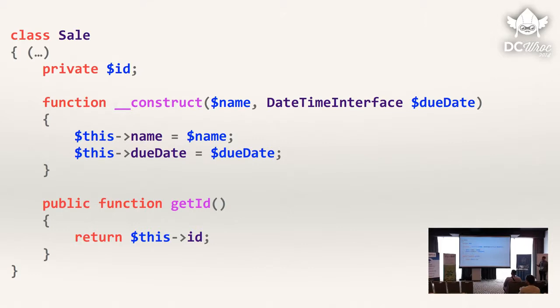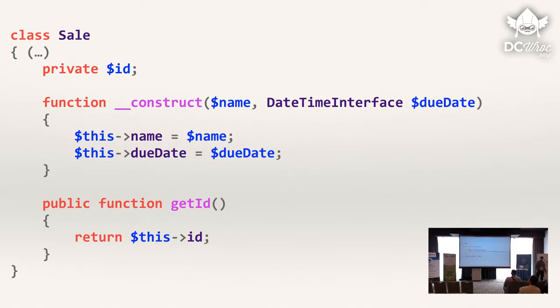It's nothing complex, just a sale. It has some ID. We construct it somehow. It also has this get ID, so if you want to check if this sale and the other sale are the same, we are just comparing those IDs. So that's the first building block of the DDD in terms of objects.